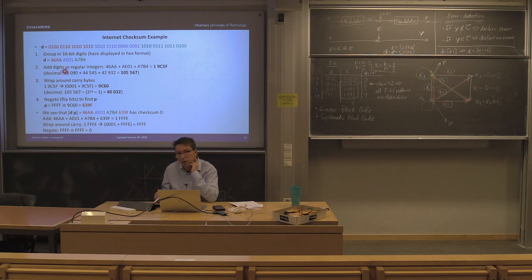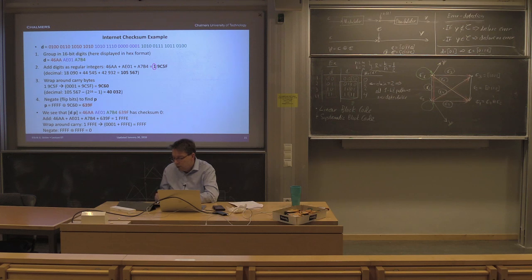Then we add the digits as normal integers. So then we get 1 9C5F, okay? And in decimal it's like this. And here we have a carry, okay? So this we need to take care of.